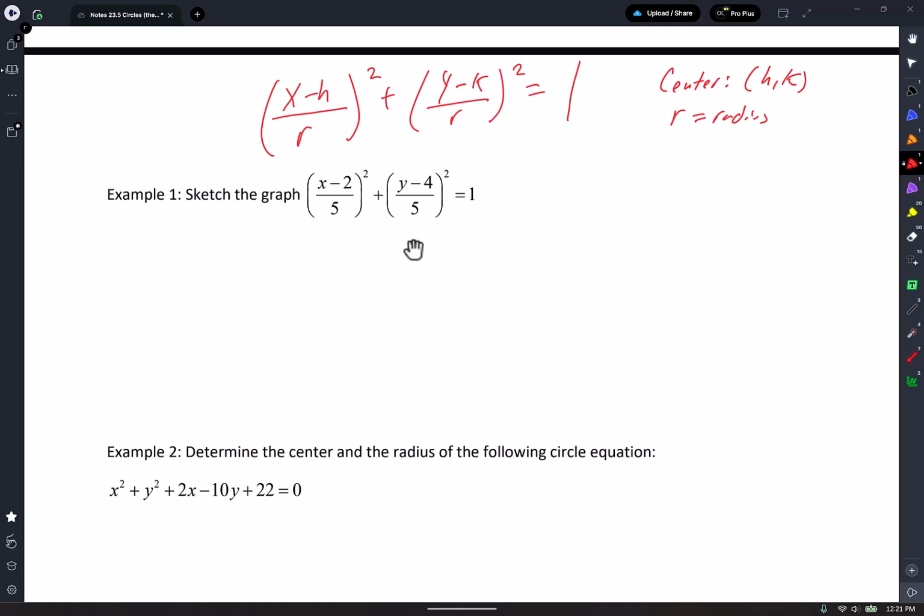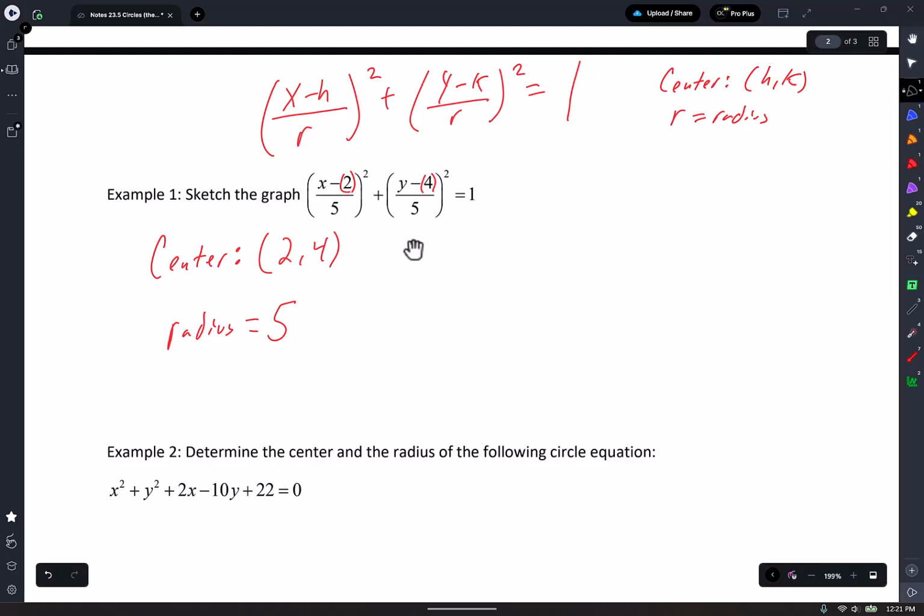Where is my center? 2 comma 4, yeah. What is the radius? 5. See, we're going to go slow.